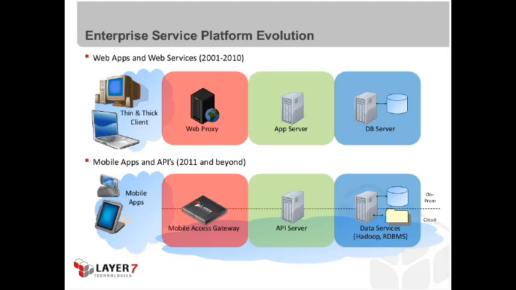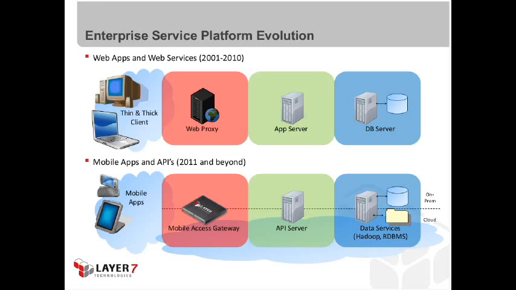What we've seen, I think it's fair to say, in the last decade, was a real blurring of the line a lot of the time between the actual user experience, presentation logic that would be rendered in browser-based apps, and the app server tier. So a blurring of the line between the business logic and the presentation logic, but a very clear, distinct line between what's happening on the data side.